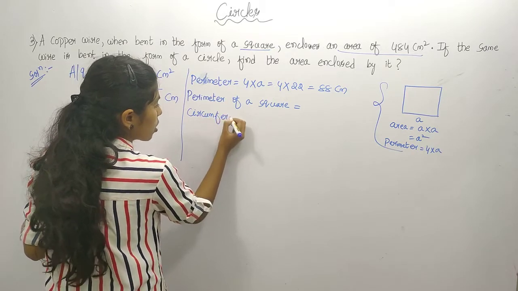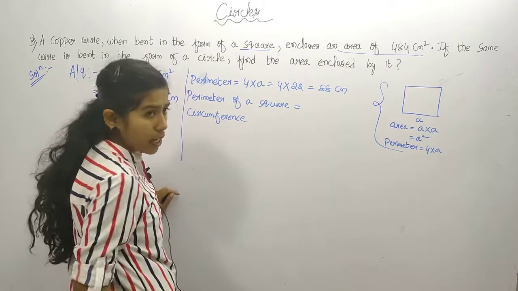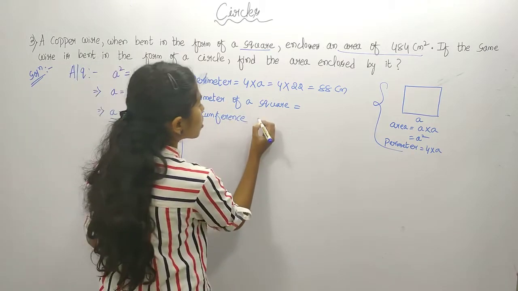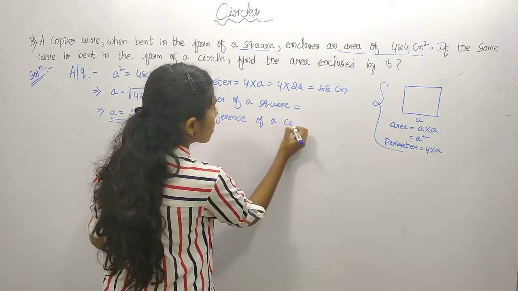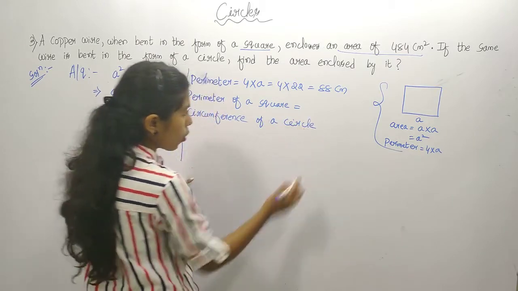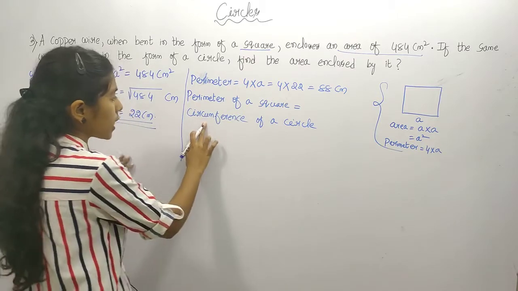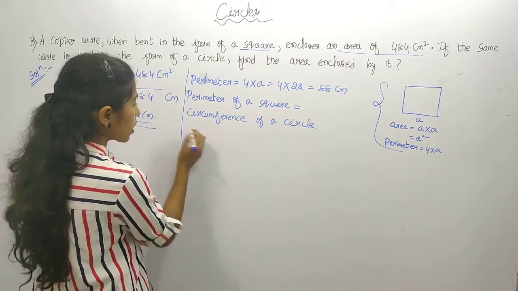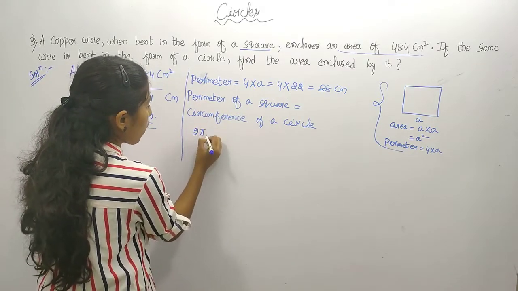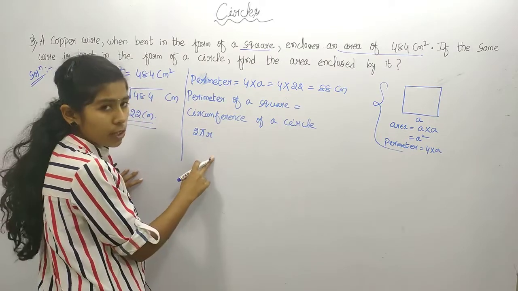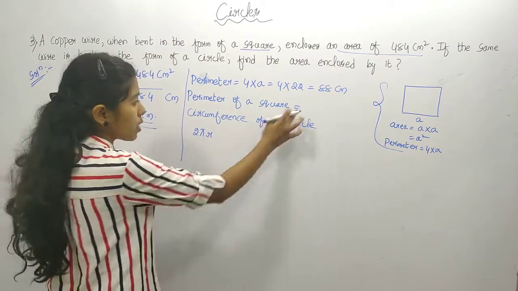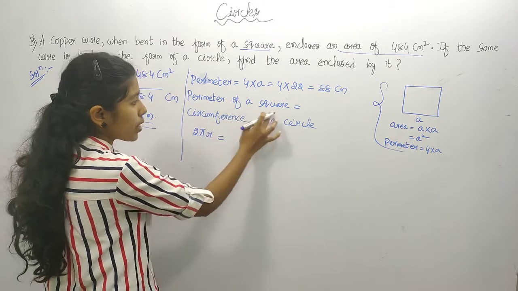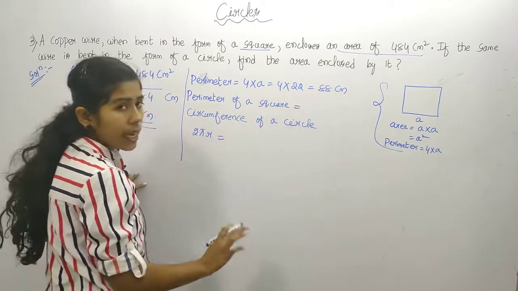In case of a circle, you have to write circumference, not perimeter. Okay, so circumference of a circle is 2 pi r. The formula is 2 pi r for the circumference of a circle, which equals the perimeter of the square, 88 cm here.